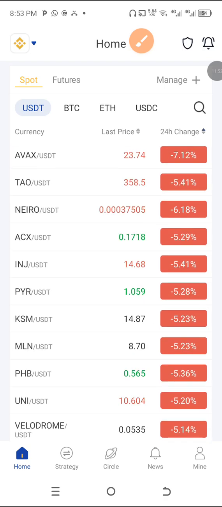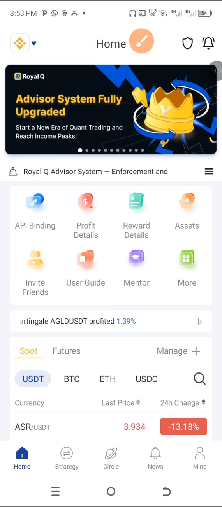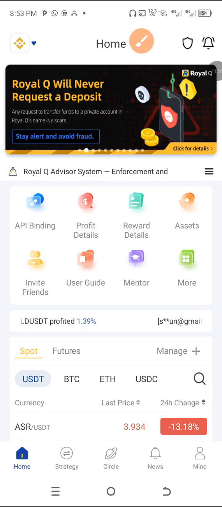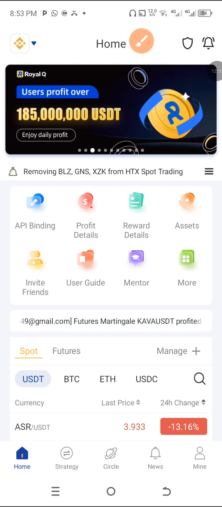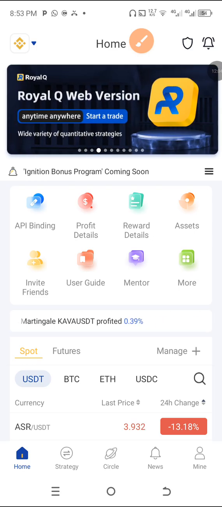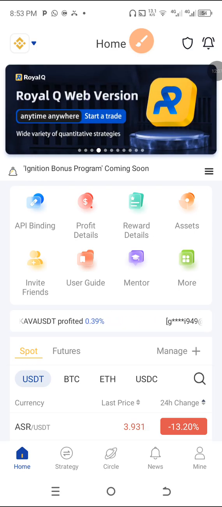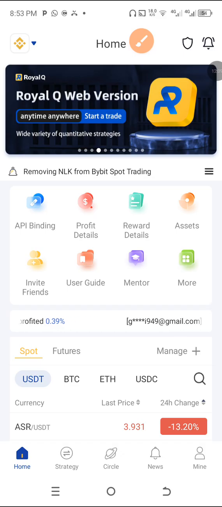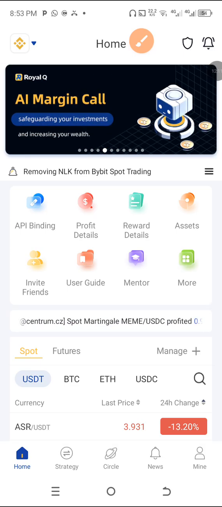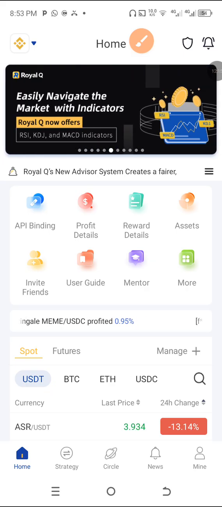What do you do now to identify the money? If you're in futures and you want to put your money in one coin, like you have $100 and that's what you want to use, put all that first buying amount as 100. Then you go to your futures account and transfer only $100 to your futures account.